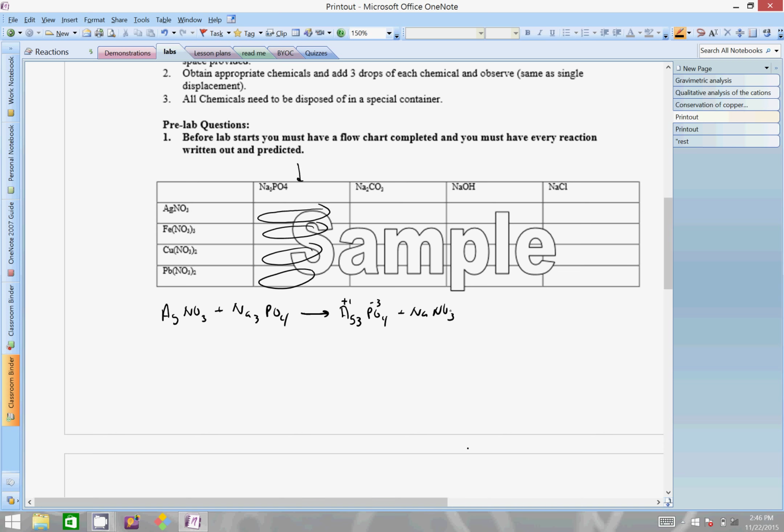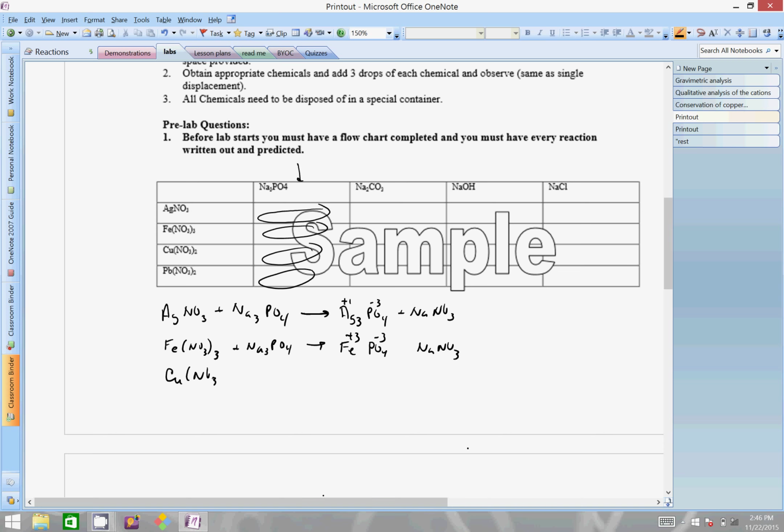The next option is Fe(NO3)3 plus Na3PO4, producing again NaNO3 plus FePO4, Fe plus 3 and PO4 minus 3.